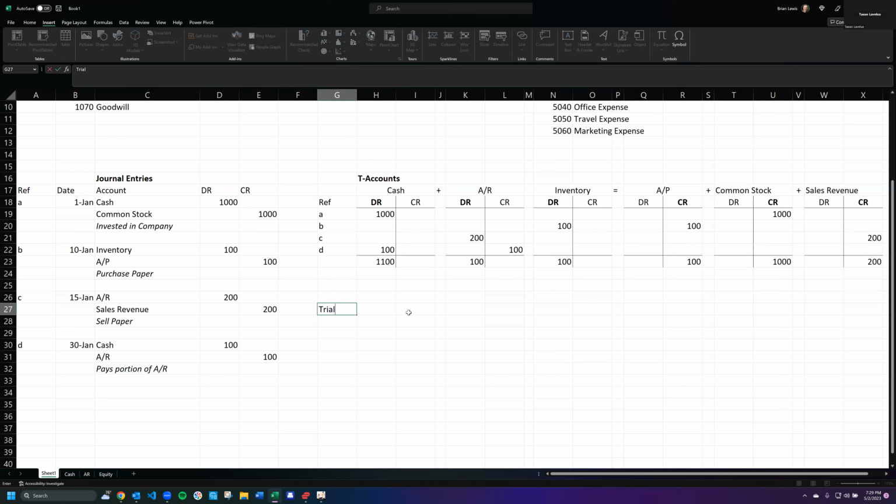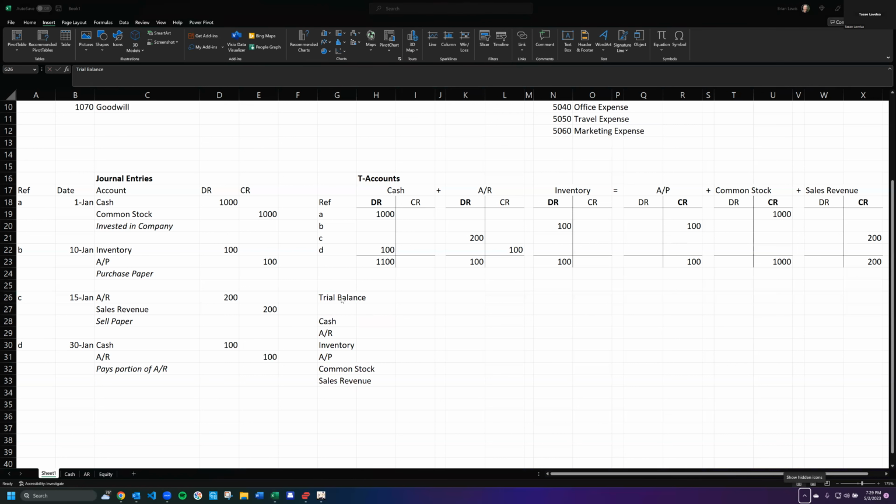Okay. So the trial balance would then take these accounts: cash, accounts receivable, inventory, accounts payable, common stock, and sales revenue. Let's move this up. We'll bold that.